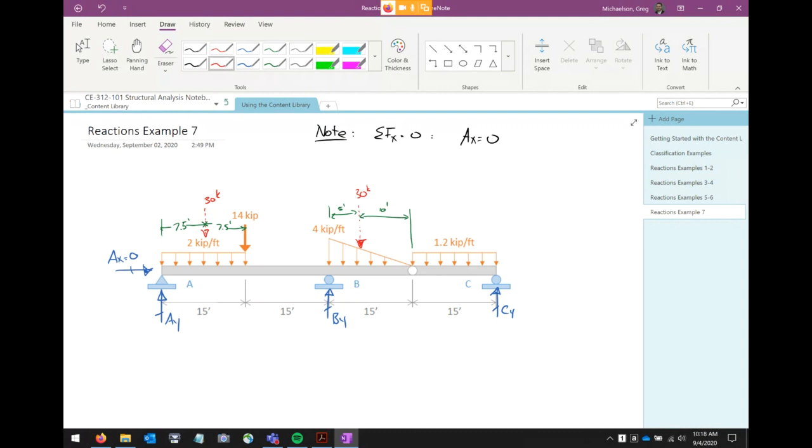And then we have our distributed load here, 1.2 kips per foot over a distance of 15 feet. 1.2 times 15 is 18. And then this is 7.5 feet, 7.5 feet.